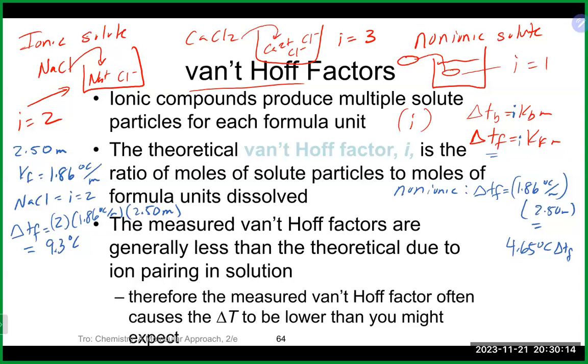So you can see that by having more particles in there, the freezing point comes down a lot more, because there are a lot more particles in the way. And if we did it for our calcium chloride, where i would equal 3, our change in freezing point temperature will be 3 times 1.86 times 2.5 m.